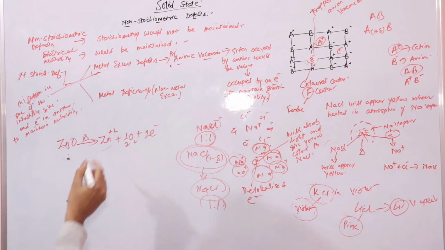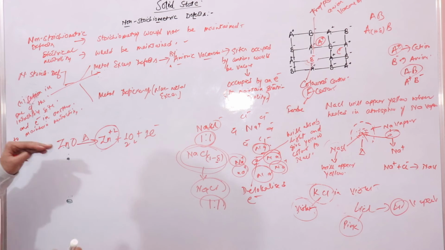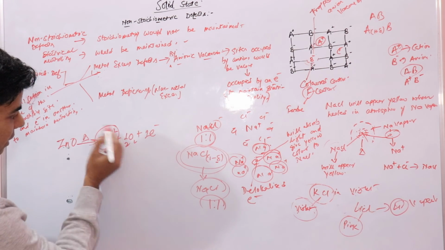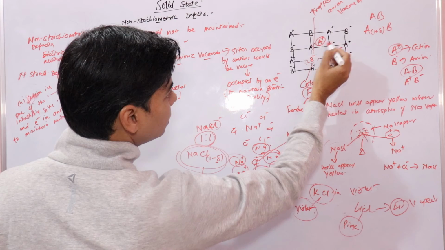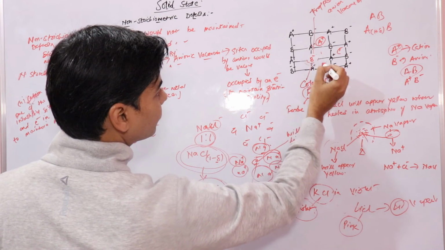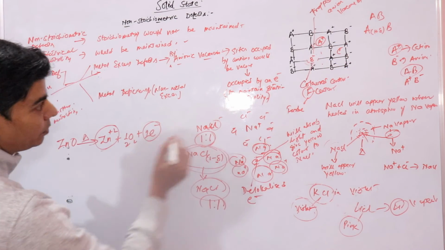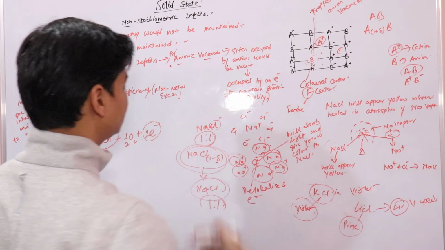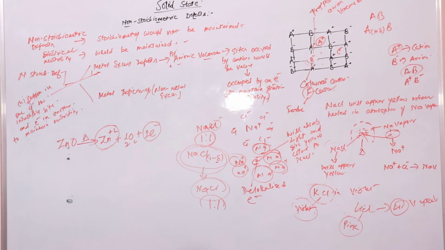If you draw the similar crystal lattice of zinc oxide, these zinc ions would be present in the interstitial sites, and the electrons would be present in the neighboring or other interstitial sites, right? So this is how this interstitial defect takes place.